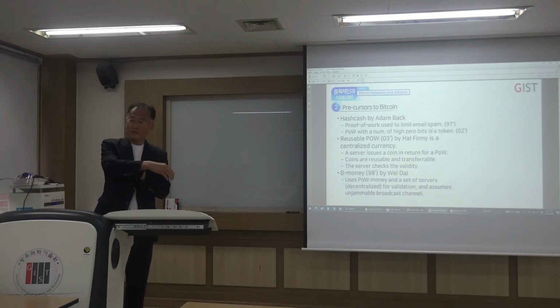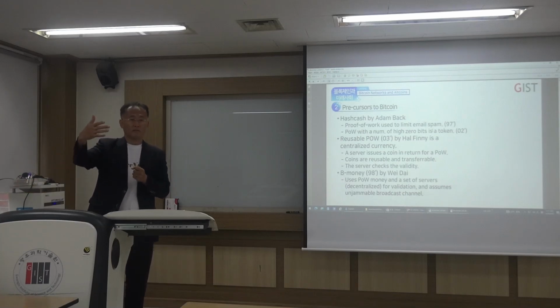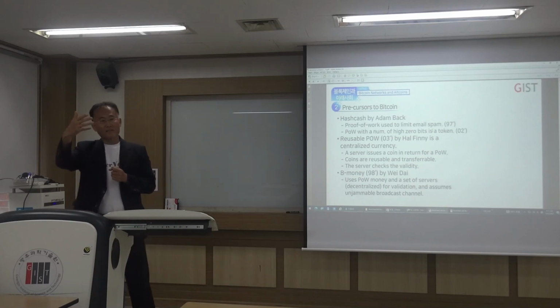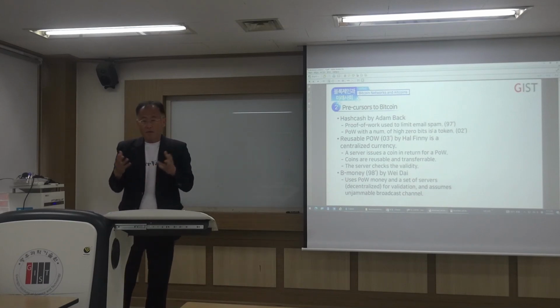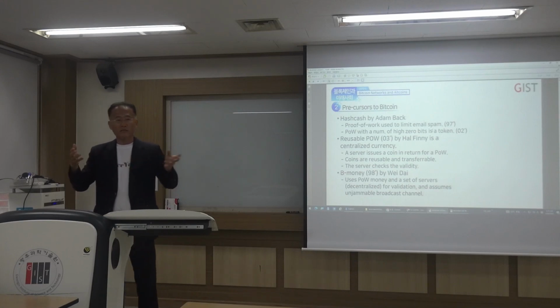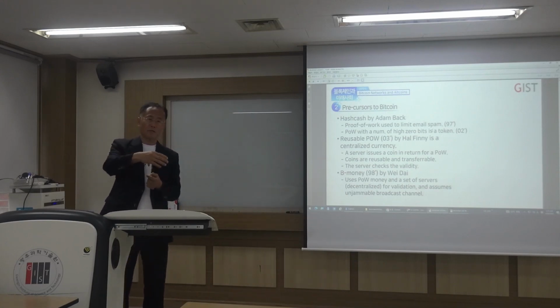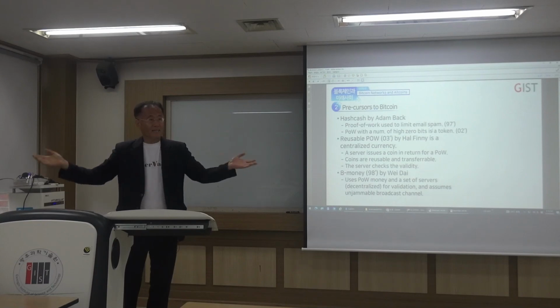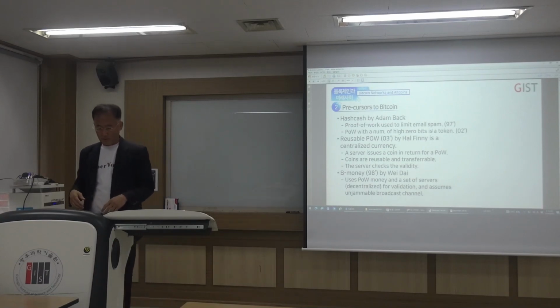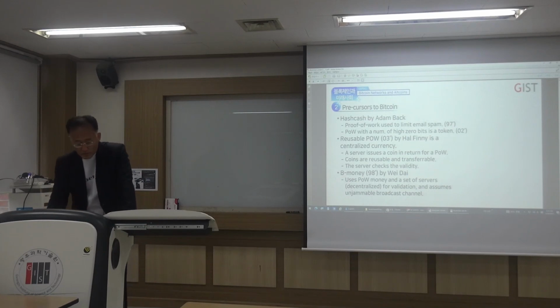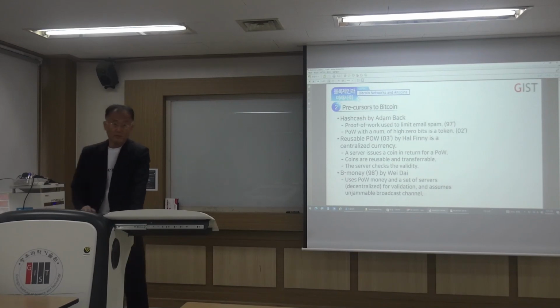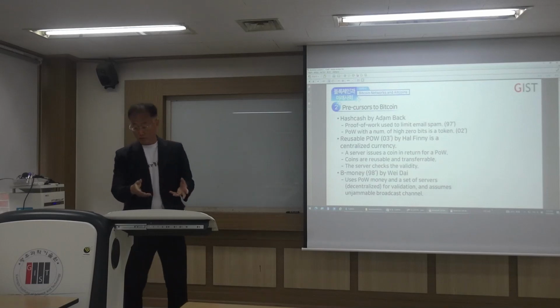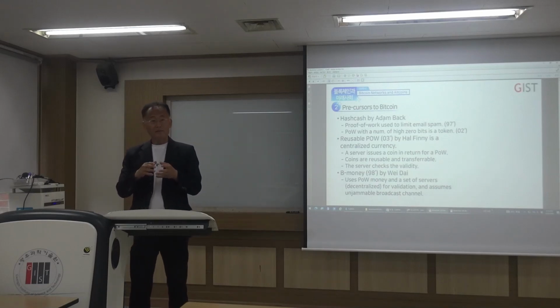One person can send an email to a million different recipients, as long as the person has gathered the email addresses. Email addresses are usually posted on the internet, and then you can run a crawling algorithm to collect the addresses, and then you can just mass email. So Adam Back's idea was, let's impose proof of work on the email spammer.